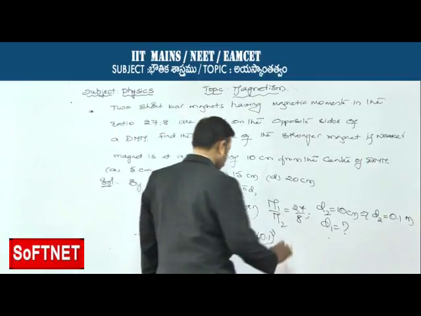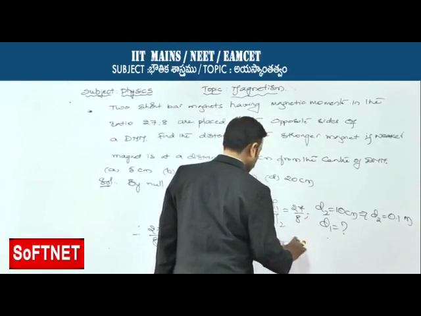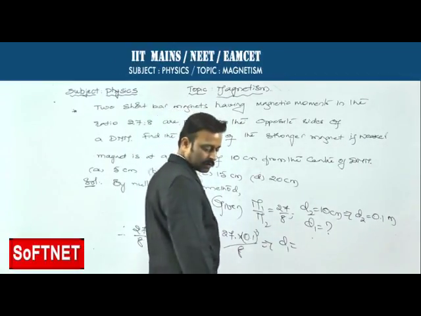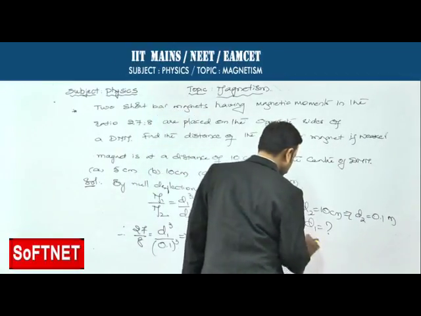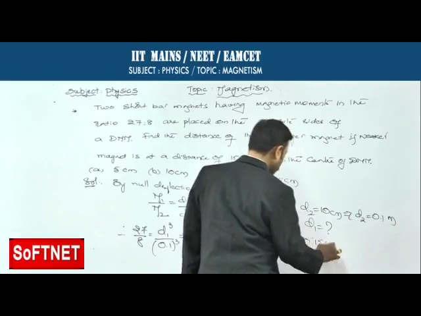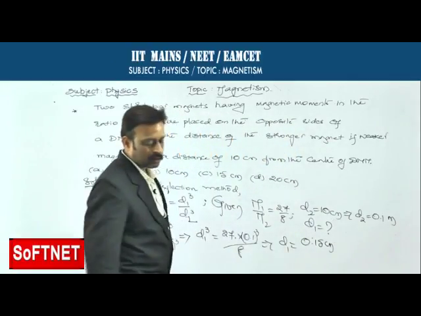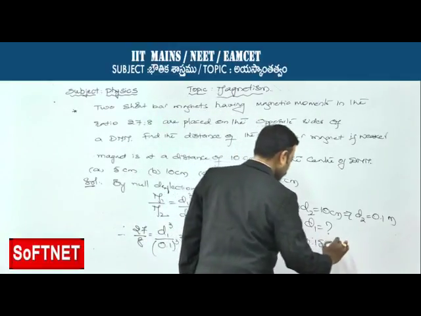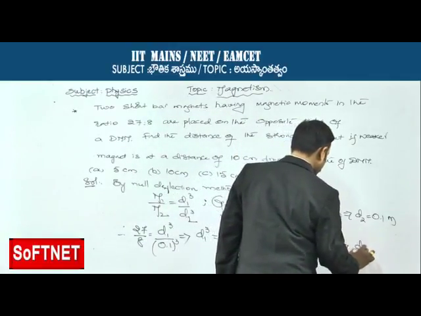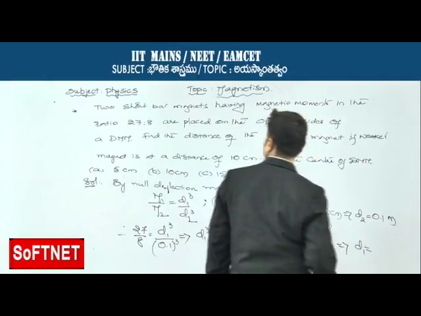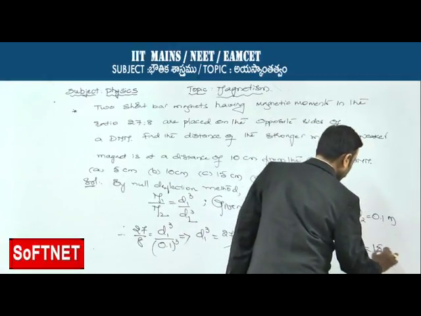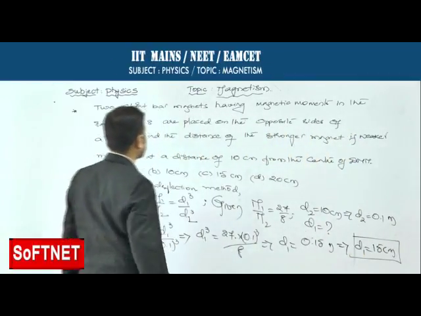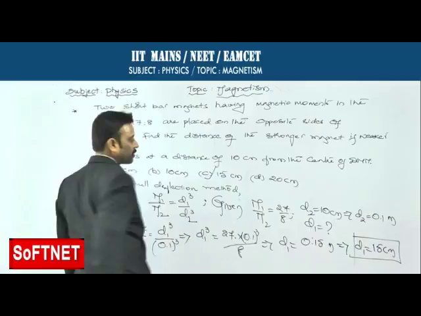You simplify that, you will get the value of d1 as 0.15 meters. That 0.15 meters is equivalent to d1 equal to 15 centimeters. So, this third option is correct.